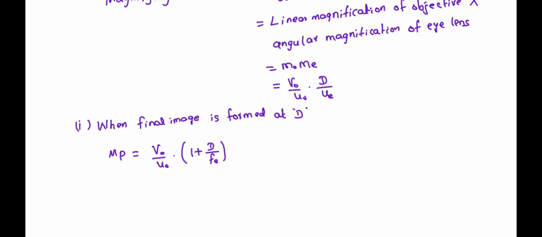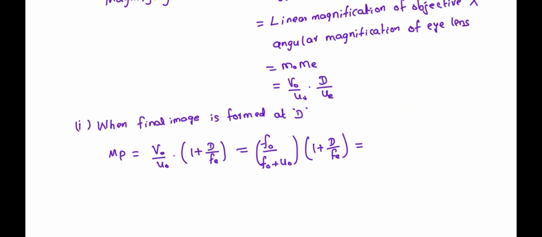If you have any doubt, you can visualize that video once. This can also be written, with v0 by u0 in terms of the focal length of the objective, as f0 by (f0 plus u0) into (1 plus D by fe). It is another form.